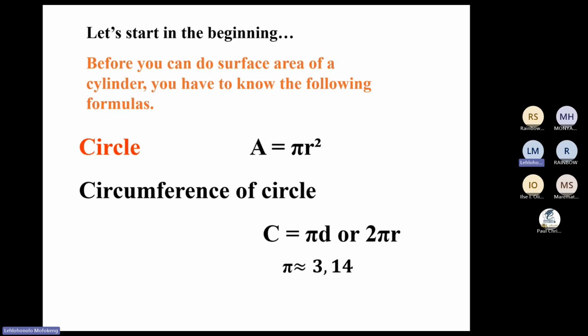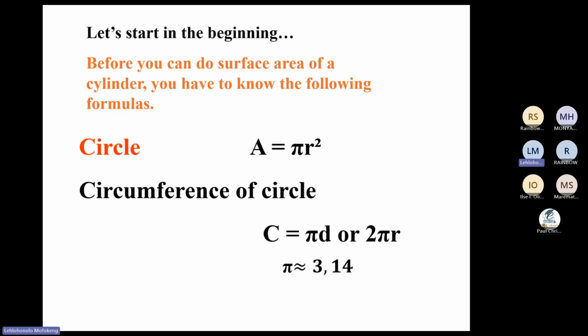Pi is a relationship between the diameter and the circumference. That relationship is in the form of a division. We get pi when we divide the circumference by the diameter.